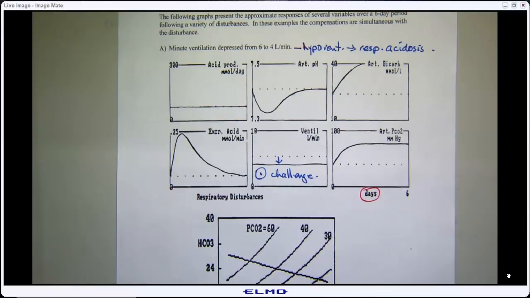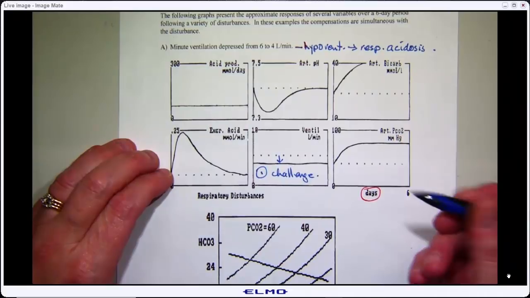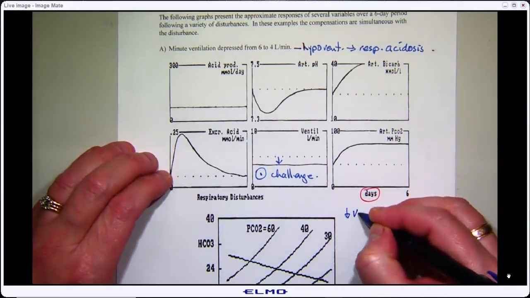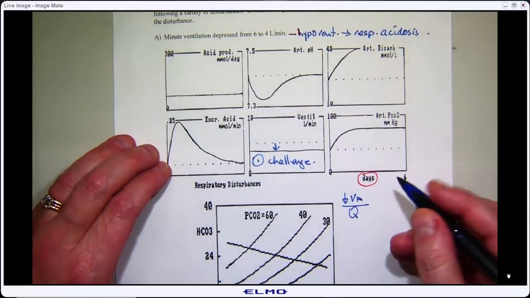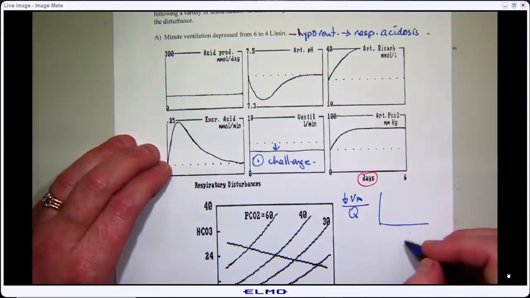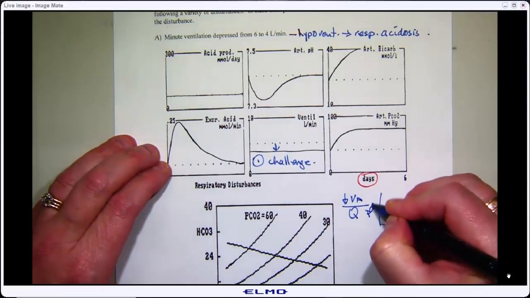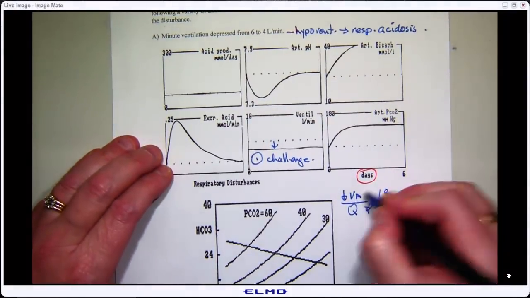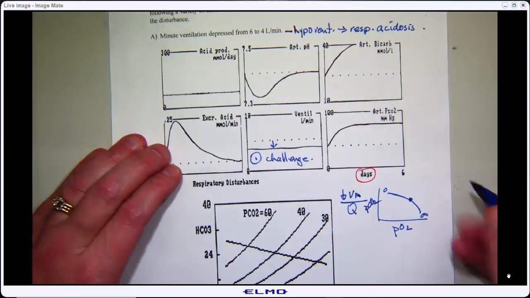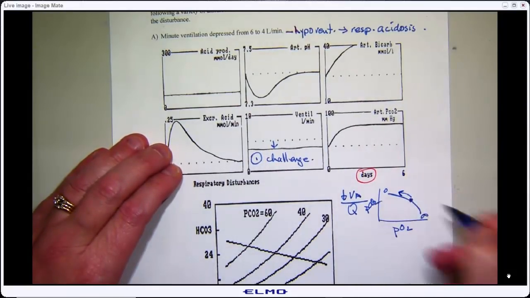Where are you going to start here? Decrease in ventilation, disrupting homeostasis. Yes, you're just rocking that VA over Q. That's awesome. Absolutely. We've got ourselves into a decreased ventilation problem, so that should make all the little hairs on your neck stand up to say, I've got to use that graph. Awesome. So decrease in ventilation means my ratio is getting small, so I'm going to head in that direction.